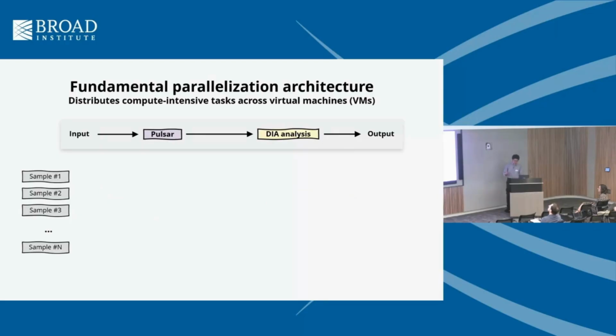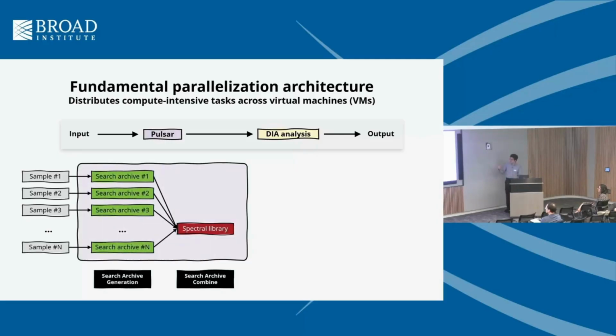Here we're parallelizing these samples by distributing each of them to a single virtual machine on the cloud, and then we're sending them to the Pulsar search engine to generate sample-level search archives. So we have n search archives being generated, each on its own VM.